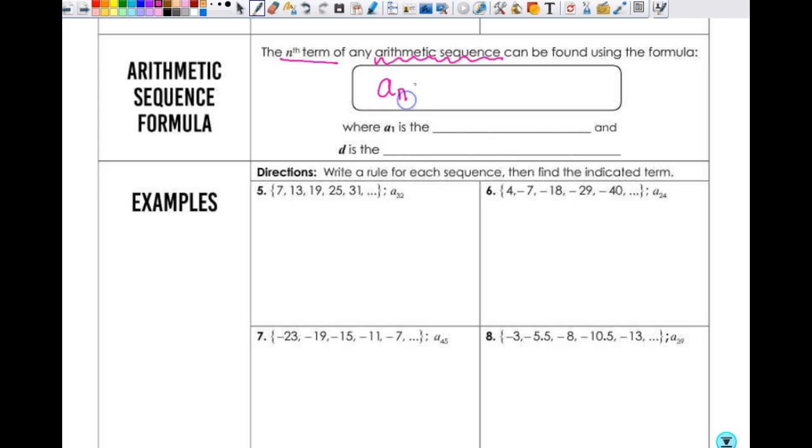A sub n equals D, which is the difference, times n minus 1 plus A sub 1. What does A sub 1 mean? The first term. So A sub 1 is the first term, and D is the common difference that we found. So instead of having to reason through these like we did yesterday to come up with a little equation, it's just going to happen for us if we can figure those things out.